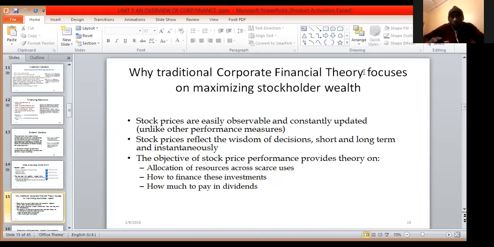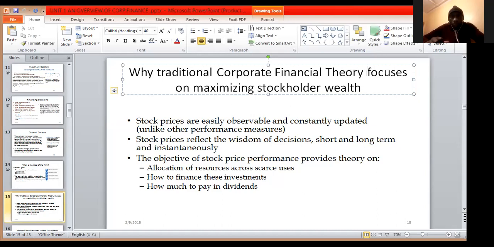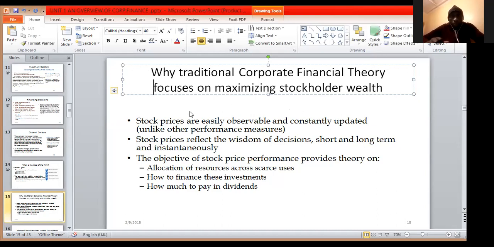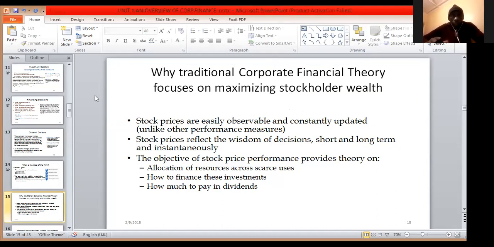Why does traditional corporate financial theory focus on maximizing stockholder wealth? So this is the explanation.